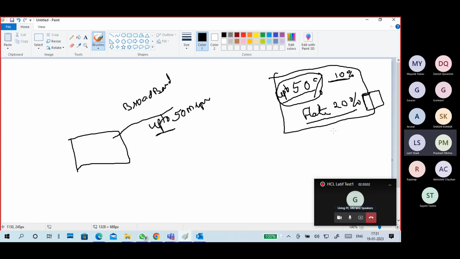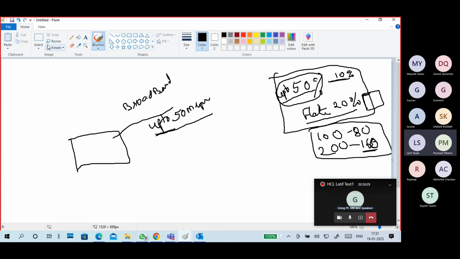Flat 20% means any item you take, if it is 100 rupees, you will get 80 rupees. You take a 200 rupee item, you will get 160 rupees, right? So compulsorily only 20%. Flat 20 means only 20%. It is applied automatically and does not vary.